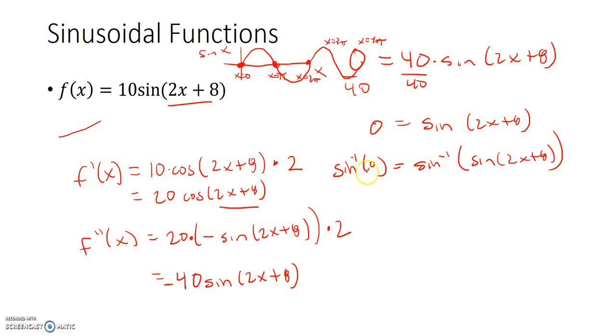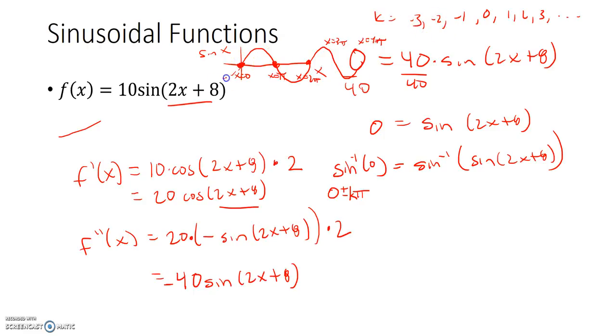So how do I write this? Well, where does the sine function have an output of 0? It has an output of 0 at plus or minus pi, and not just plus or minus pi, but plus or minus any constant multiple of pi. So k can be negative, could be 0, 1, 2, 3, etc., or it could be -1, -2, -3, right?